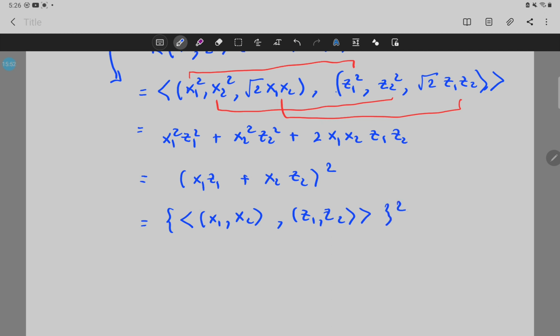Or you can write this kernel function, kernel of x and z, as the inner product of x and z, squared.